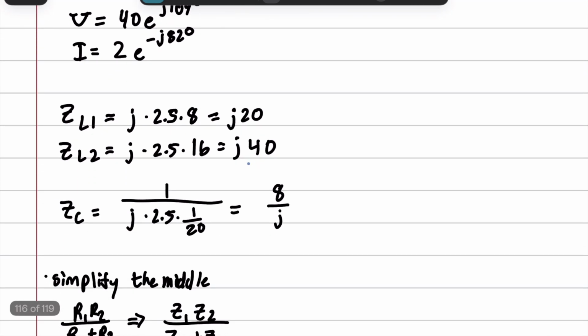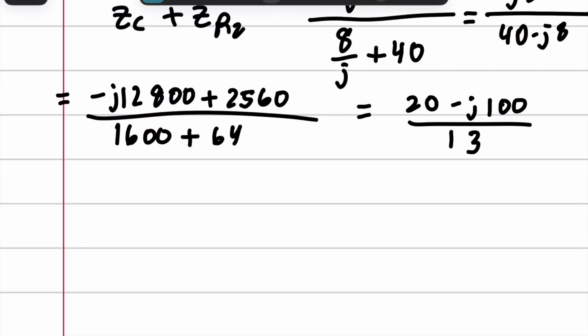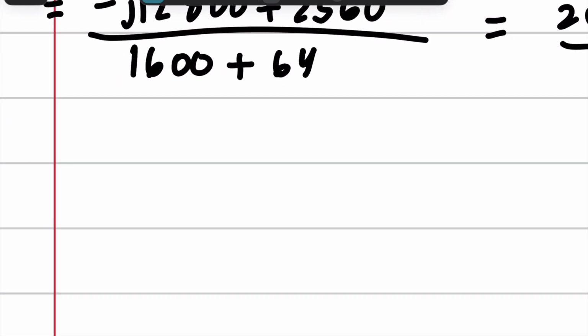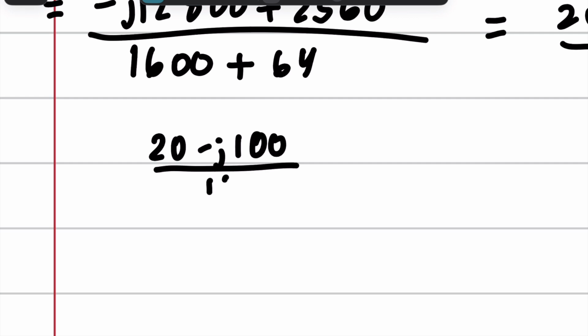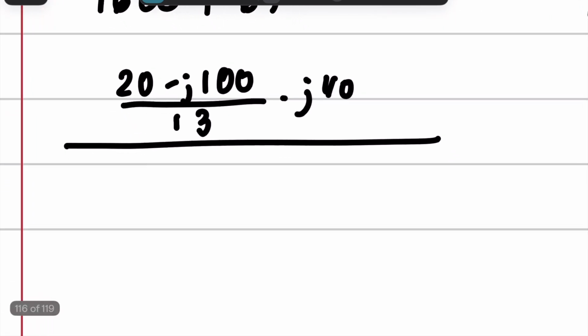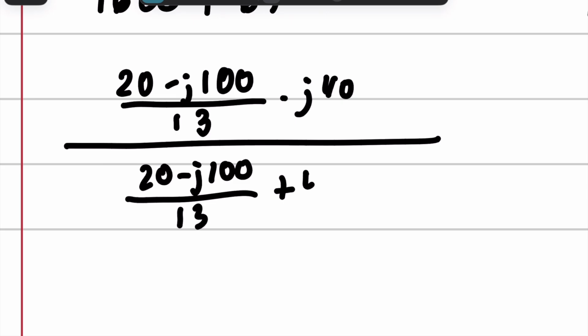Yes, ZL2 right here. So we're going to go ahead and put that in. 20 minus J100 over 13 times J40 over 20 minus J100 over 13 plus J40.